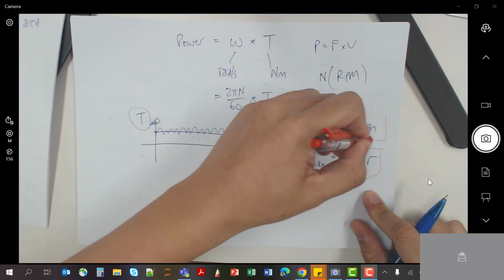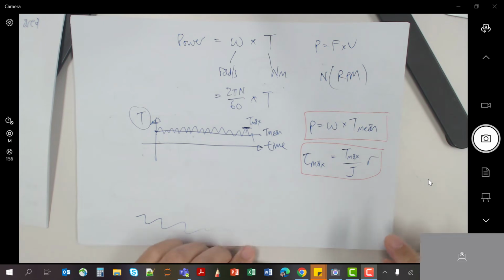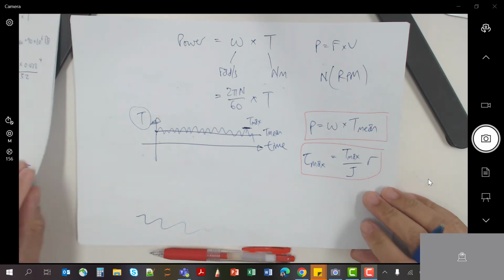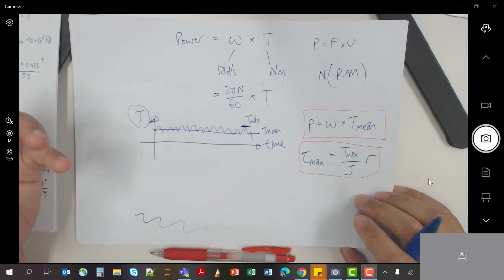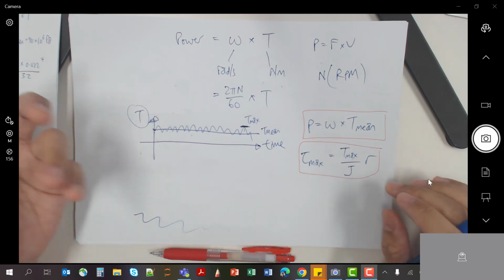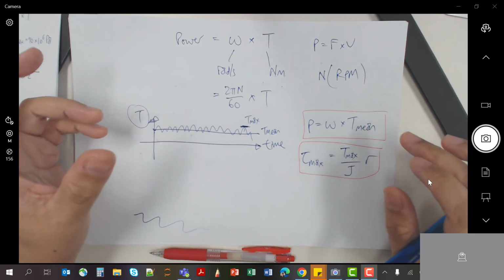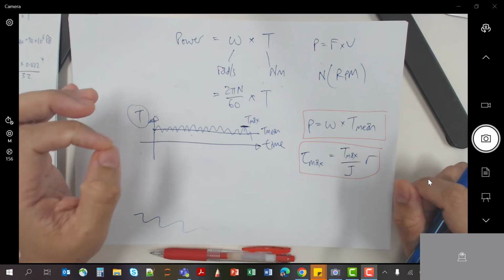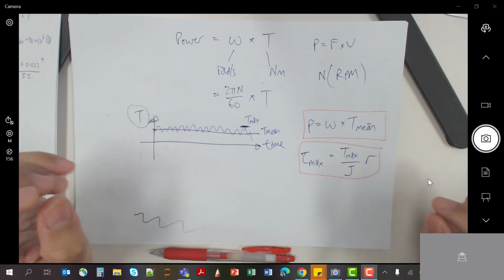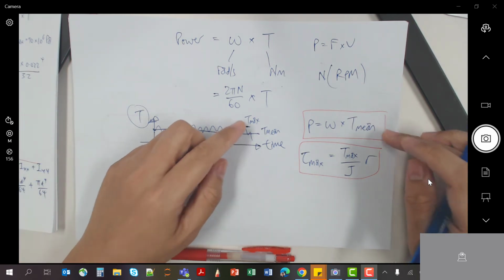When you find power, use mean torque. That's the guiding principle. If you read the question and there is no mention of mean or maximum torque, then assume both to be the same. You can use the same value of torque for both calculations.